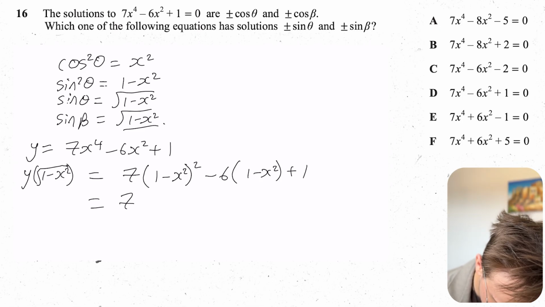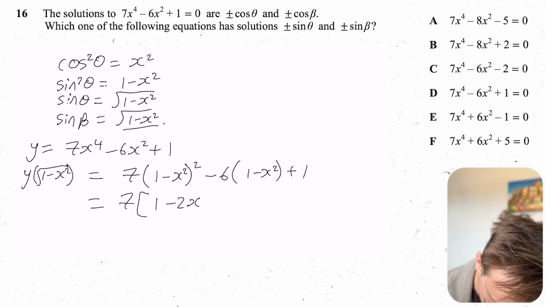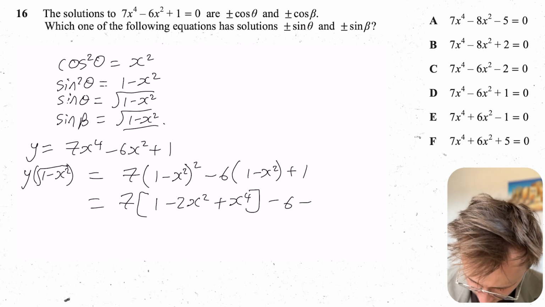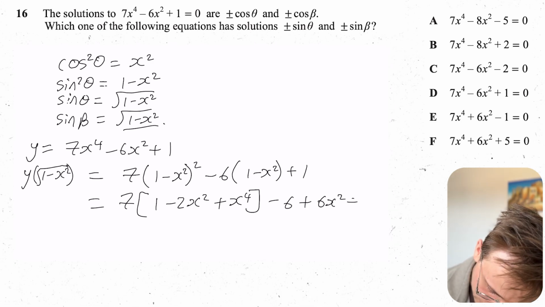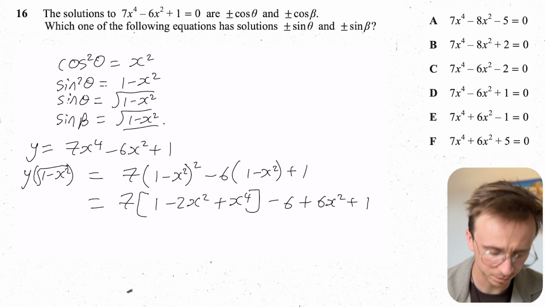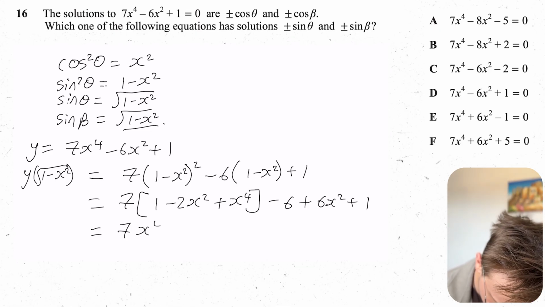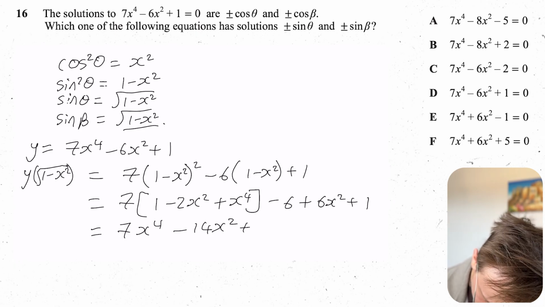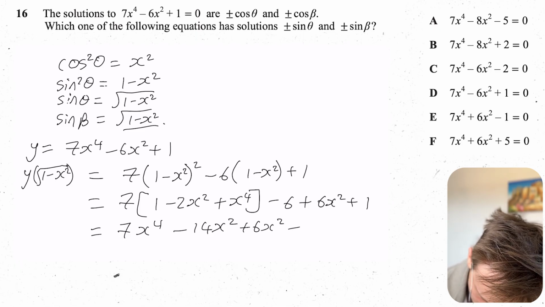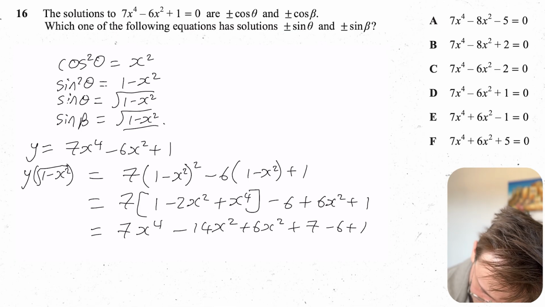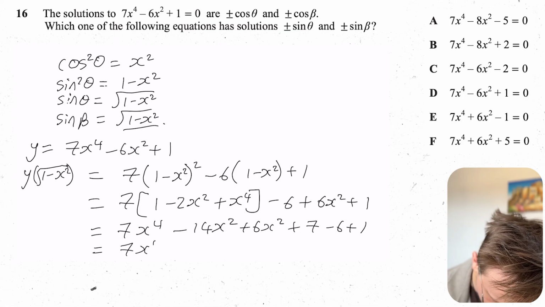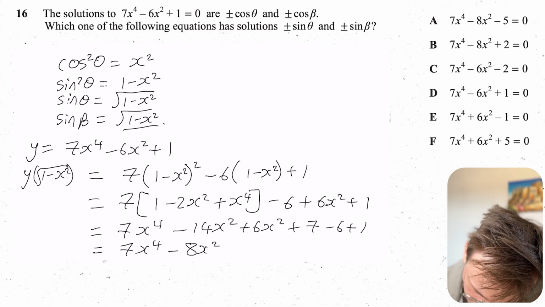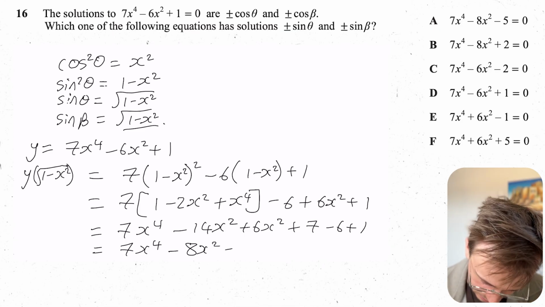That is 7 times 1 minus 2x squared plus x to the 4, minus 6 plus 6x squared plus 1, equal to 7x to the 4 minus 14x squared plus 6x squared plus 7 minus 6 plus 1, equals 7x to the 4 minus 8x squared plus 8 minus 6 is plus 2.